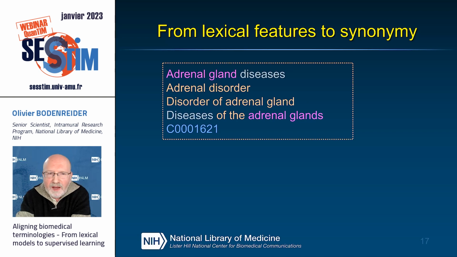When we do this, we have adrenal gland disease if we remove the S, and for the last one we remove "of the" and we remove the S also. So the only difference remains the order in which these normalized words appear. So bear with me here. I'm going to suggest that for the purpose of comparing biomedical terms, it's going to be a good thing to ignore the order of words.